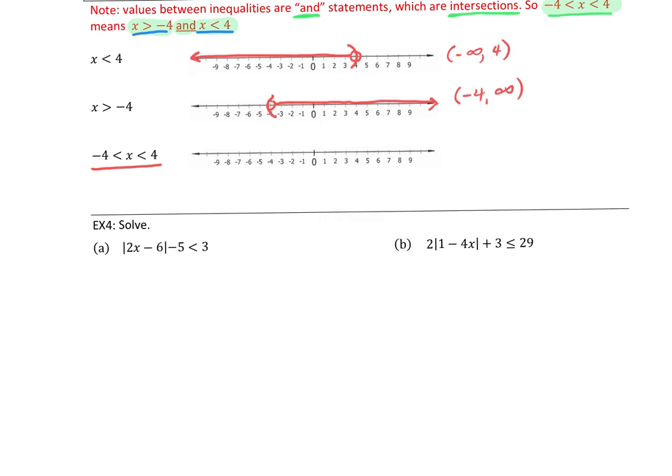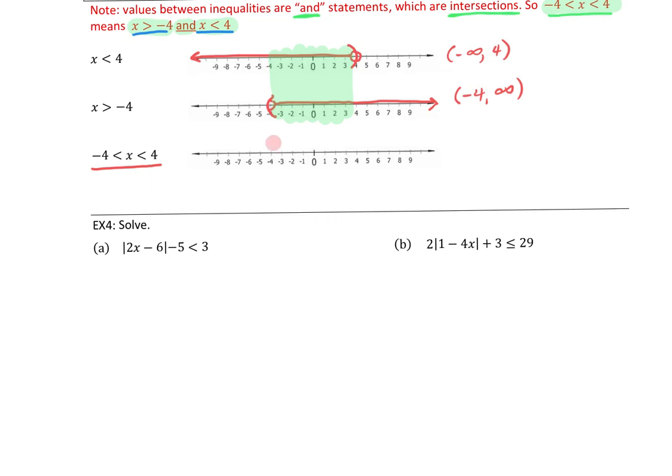It's an and statement because we're seeing where those two intervals prior overlap. And they overlap, so these would be the elements that they have in common, from -4 to +4.